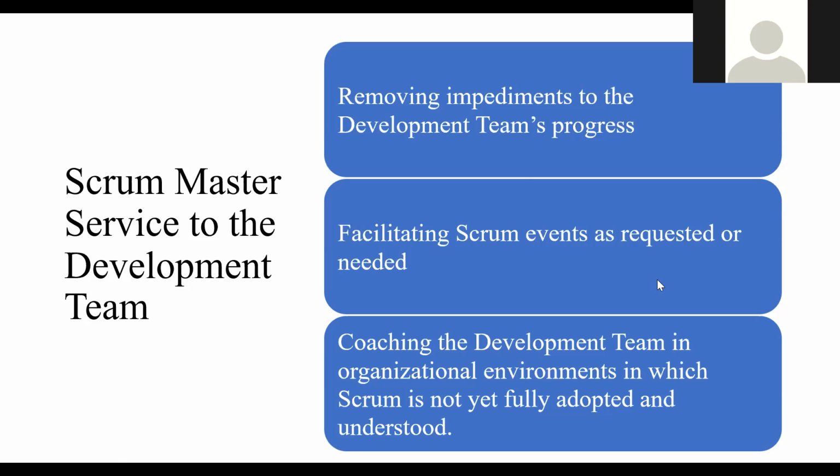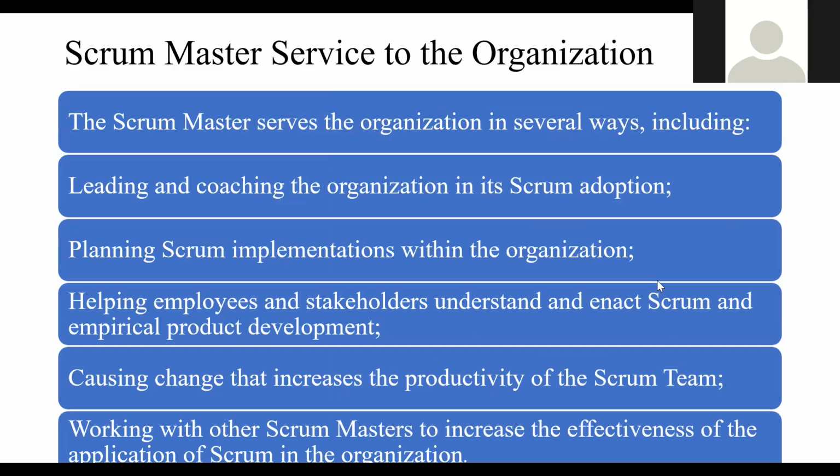Next slide. So the Scrum Master is like a binding factor, with service to the product owner, to the dev team, and to the organization. What are the services to the organization? The Scrum Master serves the organization in several ways: leading and coaching the organization in its Scrum adoption, and planning Scrum implementations within the organization.